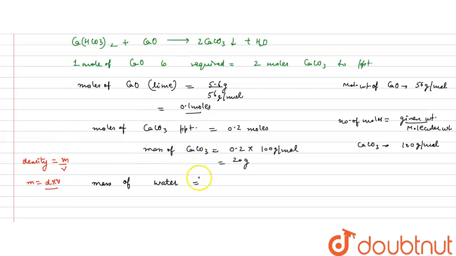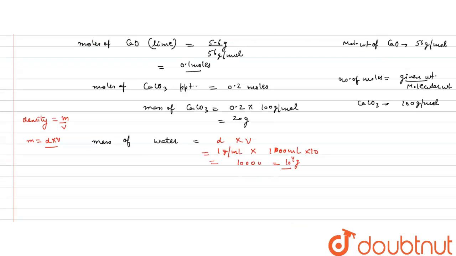Now mass of water will be density into volume. Its density is 1 gram per ml and volume is 10 liters. So 1 liter will be equal to 1000 ml. So it will be 10 raised to power 4 grams of water.